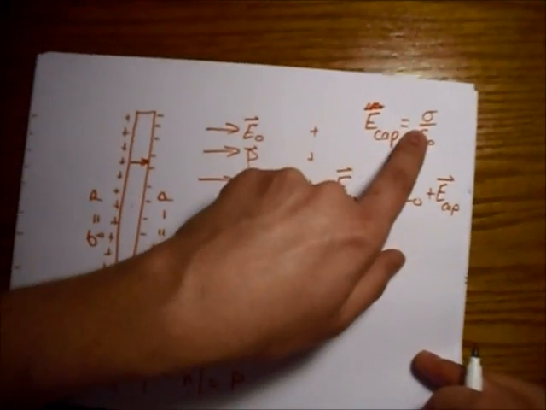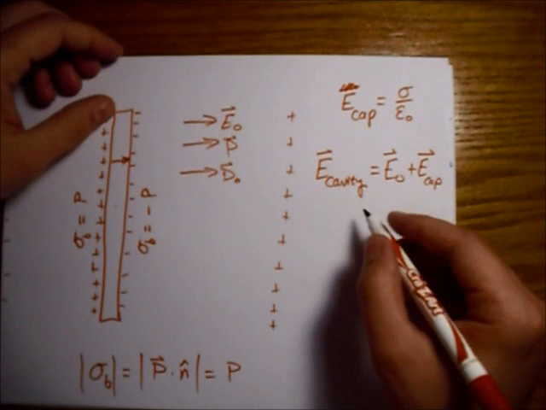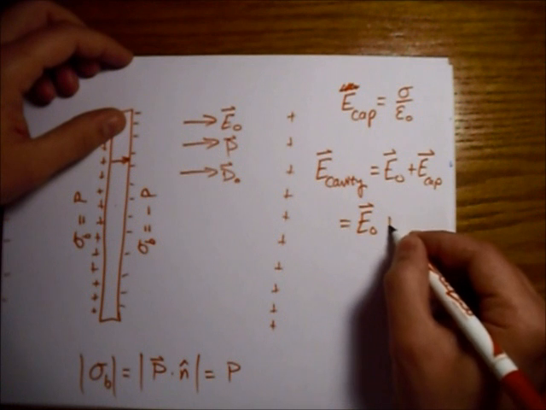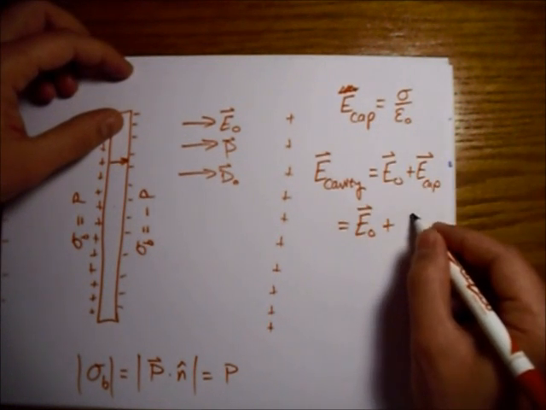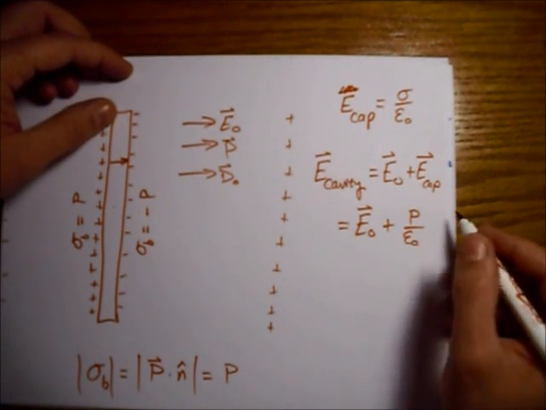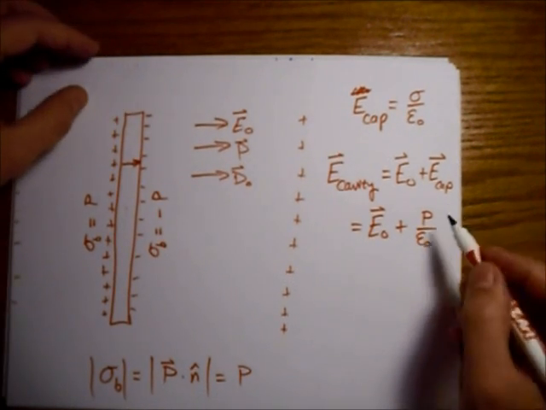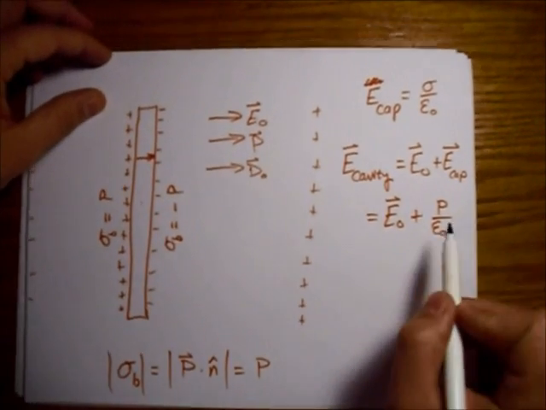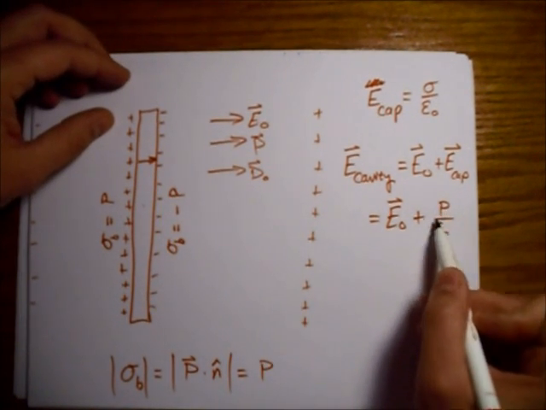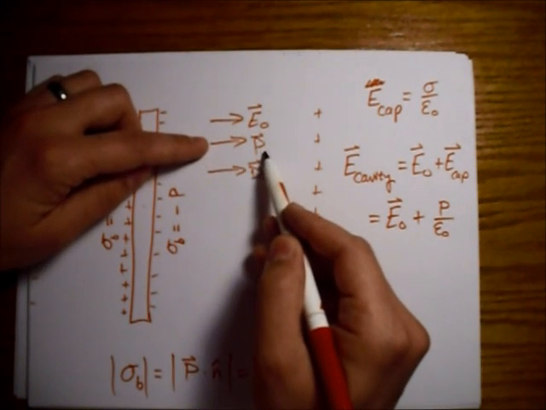So our sigma here is just P, which means we can write this out: E naught plus P over epsilon naught. Let's be careful that we don't have a minus sign going on here when we make this a vector. Is this contribution to the electric field in the original direction of the polarization outside?